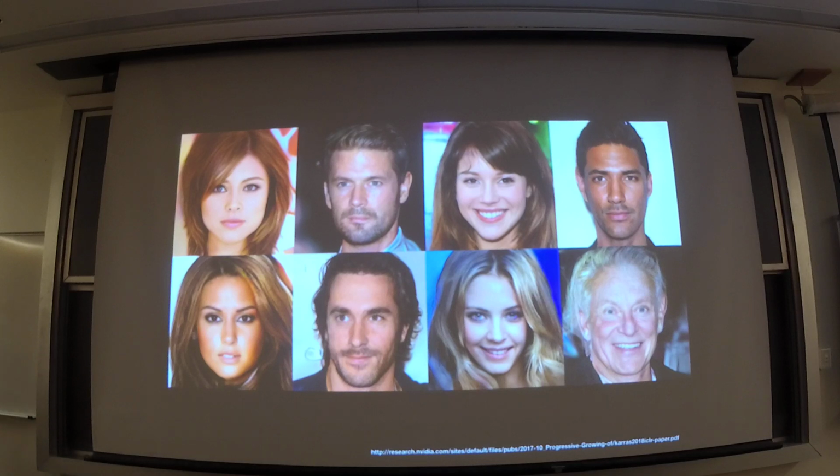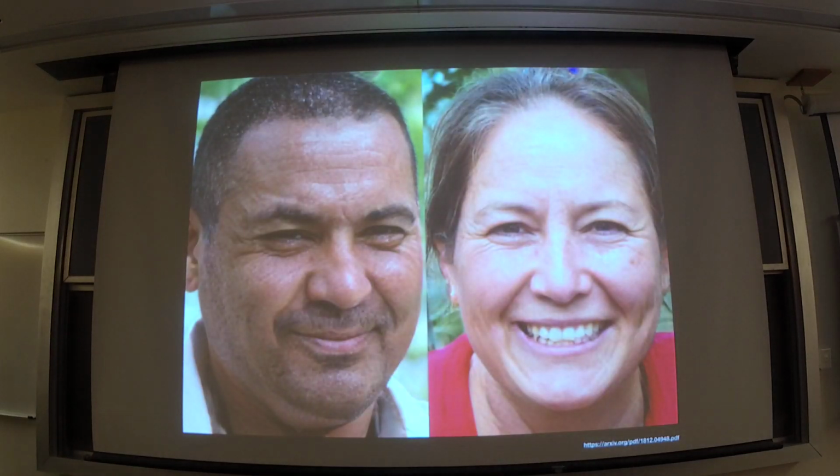But these are really high resolution images. This was done by NVIDIA about a year and a half ago, and they followed up recently with this, which is the same kind of style of network, but ultra high resolution images. These look like photographs. Look at the hair, the stubble on this guy's face, the wrinkles.